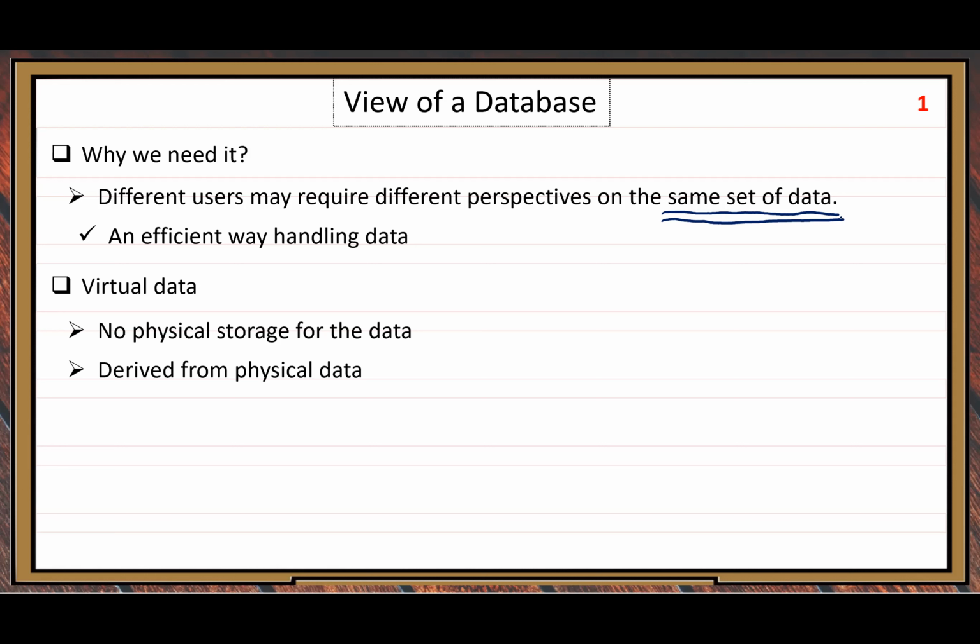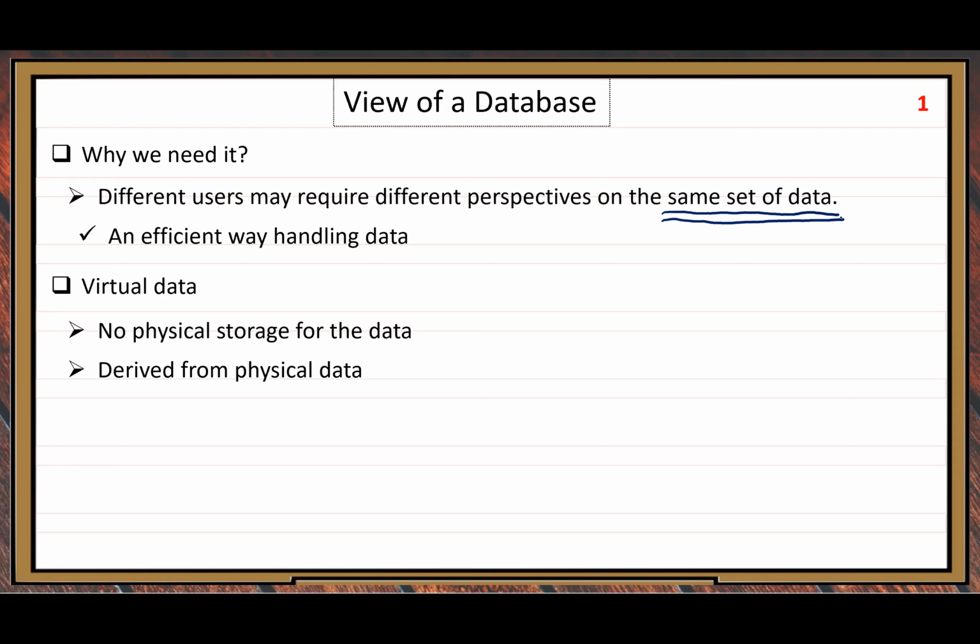The data you see in a special view, a virtual table. Sometimes people call it a virtual table, not a physical table. The data you see in a virtual table is not really stored physically on the hard disk.